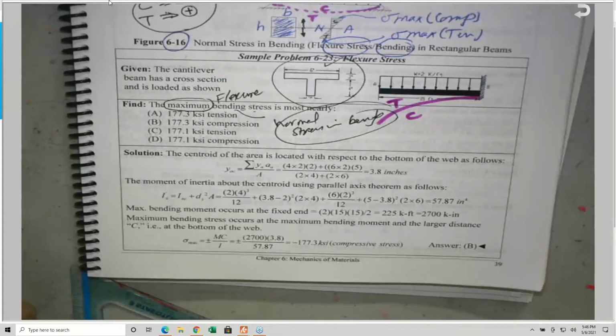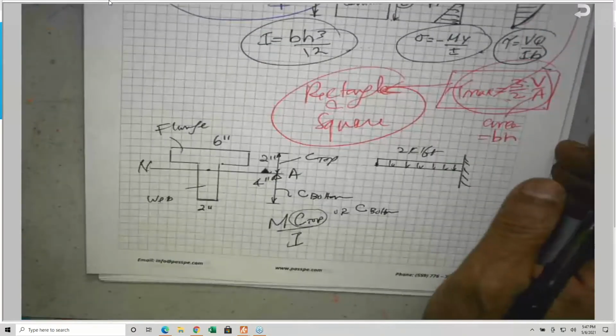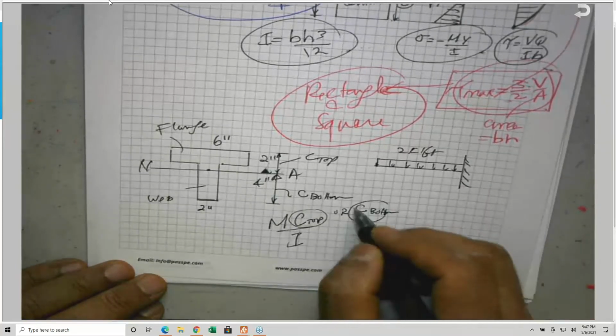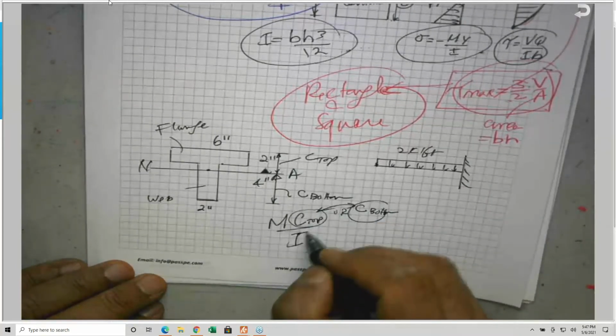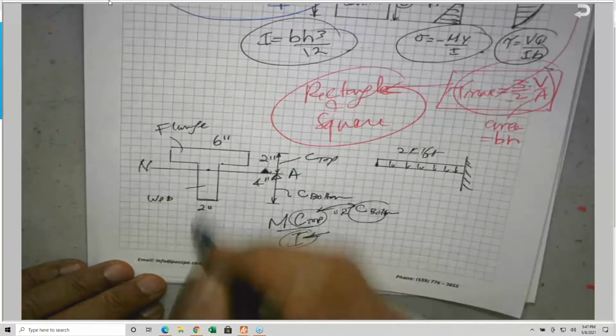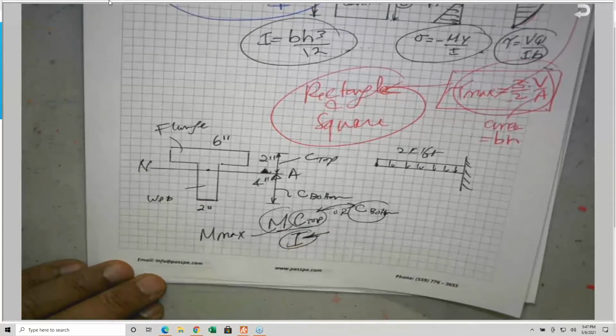This is similar to the problem I solved before. So he said the maximum. Since he's saying the maximum, I will take the larger of the two C's. I is the moment of inertia, which is constant for this given area. I'm going to use the maximum moment, Mmax.